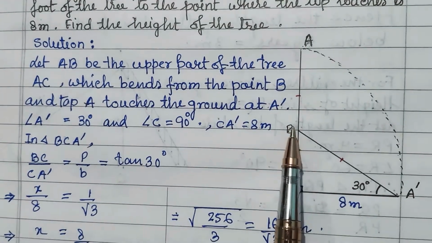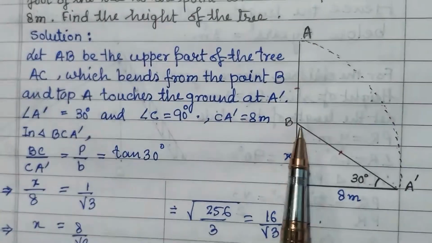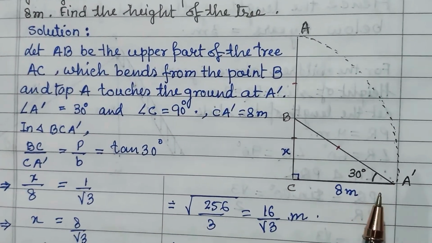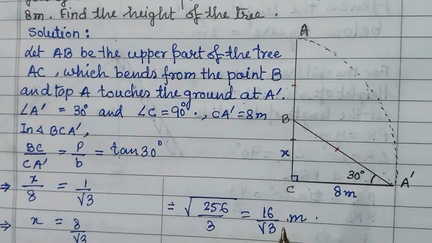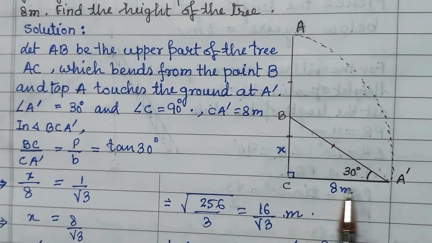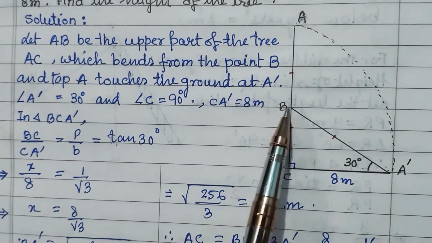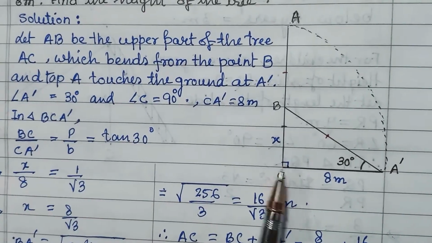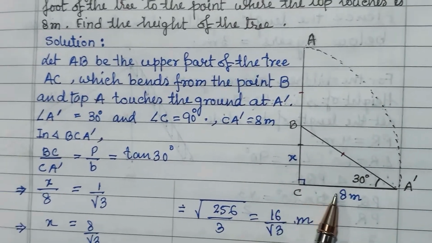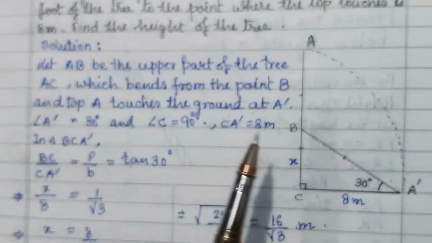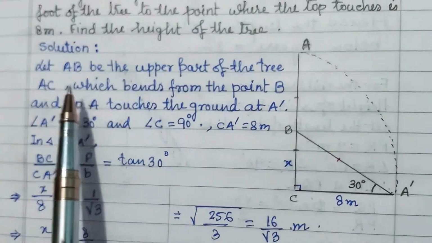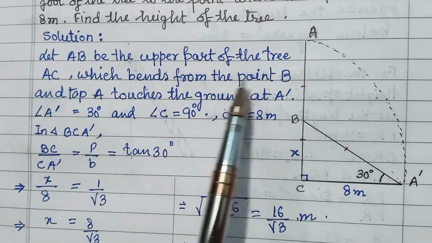Now this is a right angle triangle. First we have to observe the right angle triangle and then see the given side and the side to find out. First we have to give the description of this. AB is the upper part of the tree.